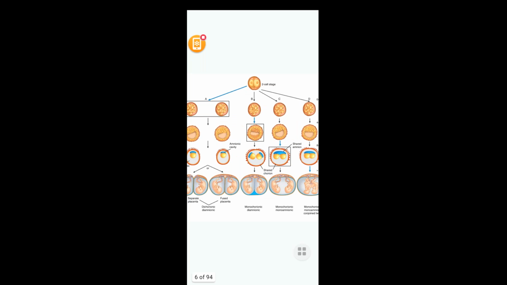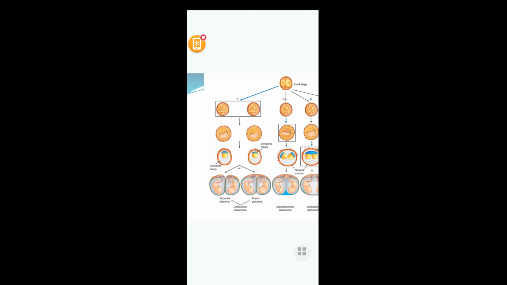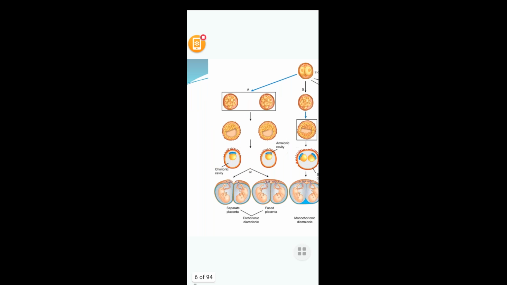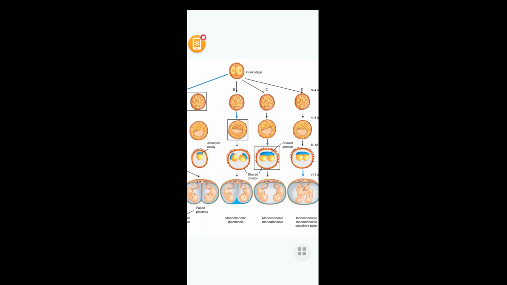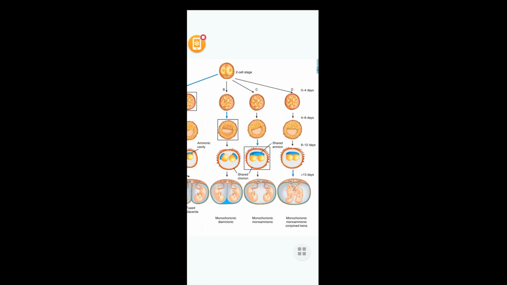It might be a single ovum which has been fertilized, which develops into two separately, and then chorionicity and amnionicity develop separately, forming dichorionic diamniotic. But if the two cell stage division has not occurred in the first 4 days, and it has grown to 8 cell, then blastocyst, and then it has divided, it might result in monochorionic diamniotic, monochorionic monoamniotic, or conjoined twins.